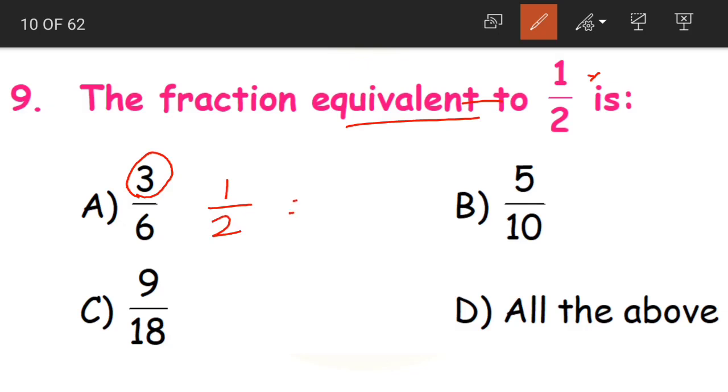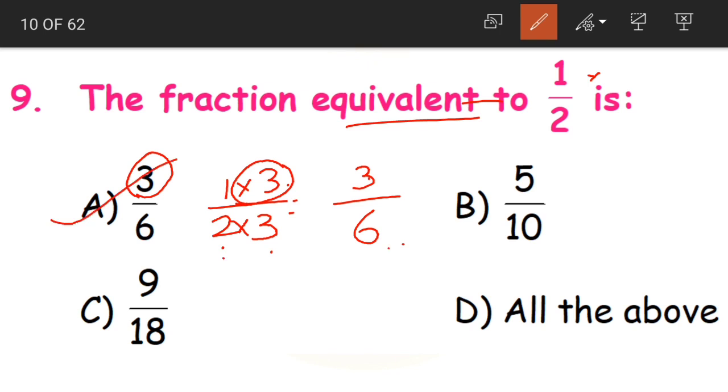We are having 1 by 2. To get 3, what should we do? We should multiply 1 with 3. 1 3s are 3. And as we have multiplied the numerator by 3, multiply the denominator also by 3. 2 3s are 6. Yes or no? So option A, 3 by 6, is our correct answer.